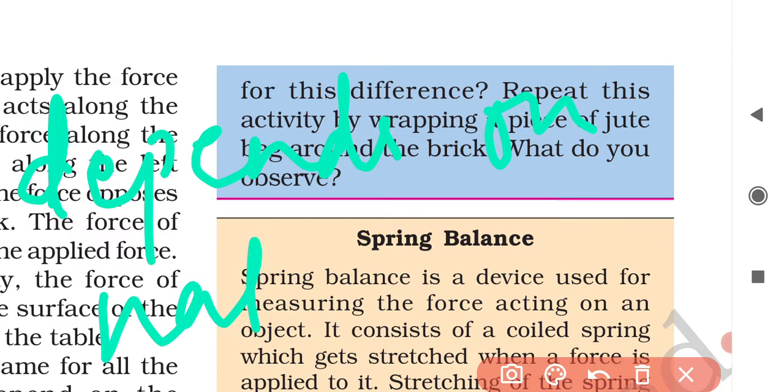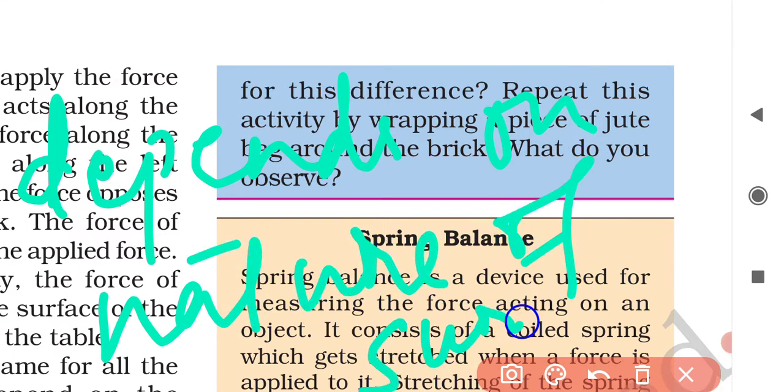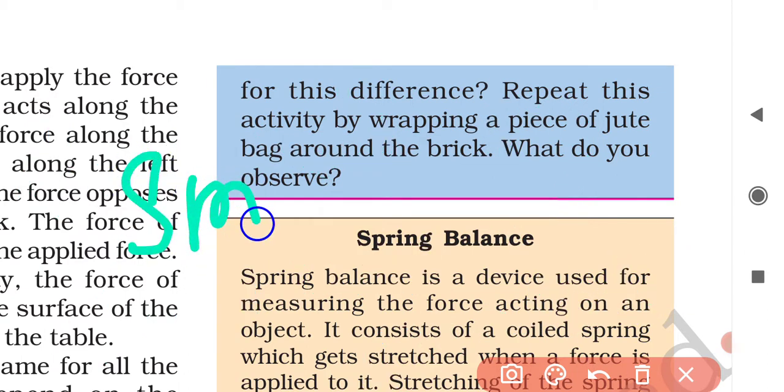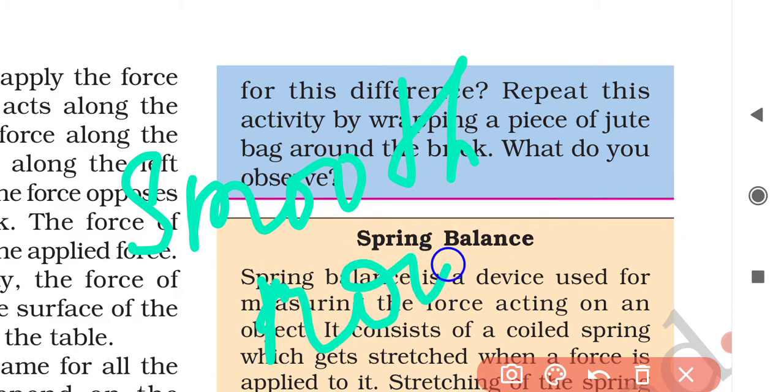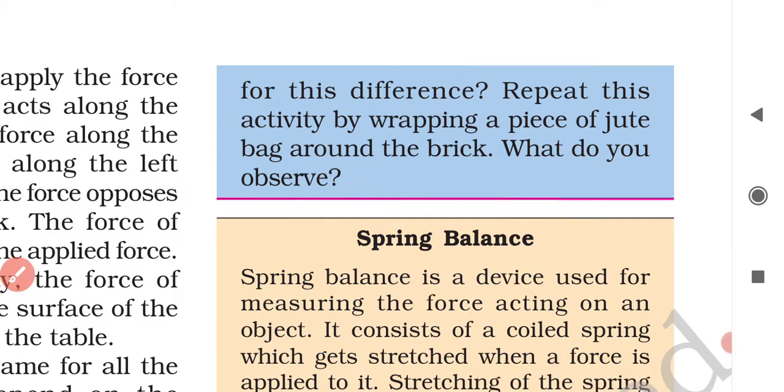Either the surfaces can be smooth, or the surfaces can be rough. Right? Friction depends on the smoothness or roughness of the two surfaces. Clear?